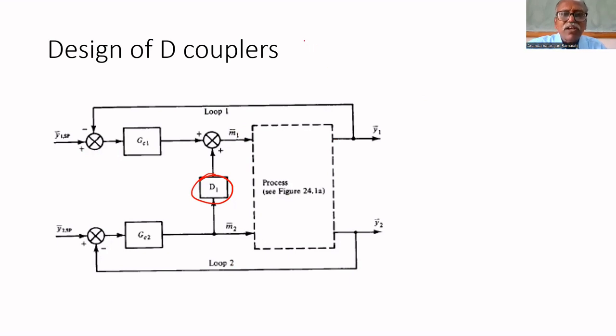What is the first equation we got? Y1 equal to M1 H11 plus H12 M2. This is the first equation. During interaction, I want to keep Y1 equal to 0. For that, I want additional M1. Find M1 here. M1 equal to what?